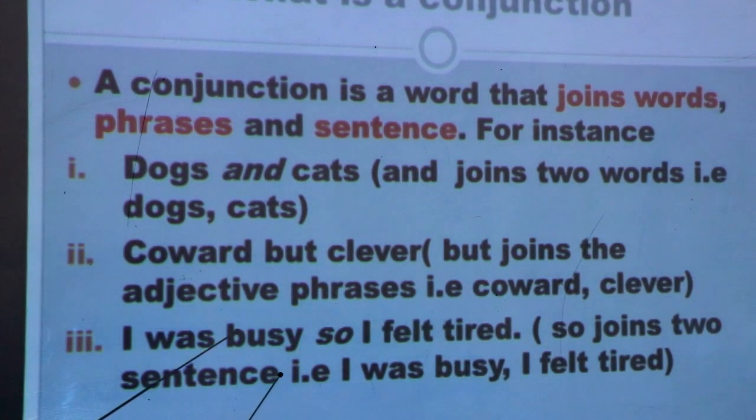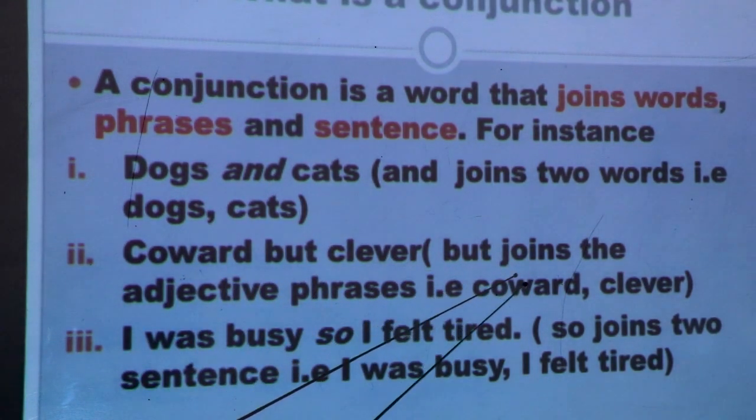The adjective phrase is coward, which is an adjective, and clever. There are two adjectives there, and we use but to join the two phrases. This is coward and clever.